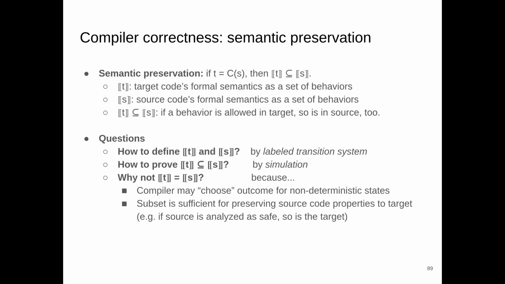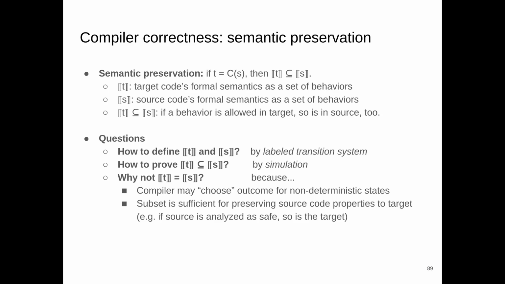And it should be allowed in compilation, because in the real world, C, C++ and other languages' compilers do such a thing all the time. Something non-deterministic in the source code can be determinized. So one value can be chosen from among many possibilities in real-world compilers. So that's the reason why we require that the target semantics should be a subset of the source semantics.